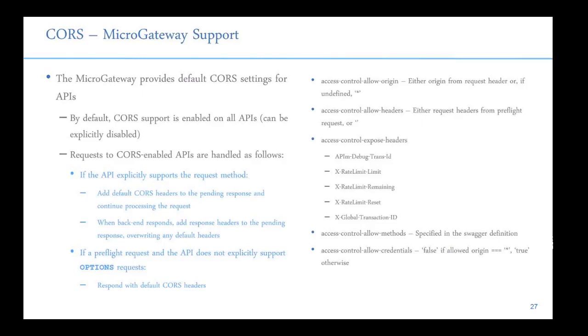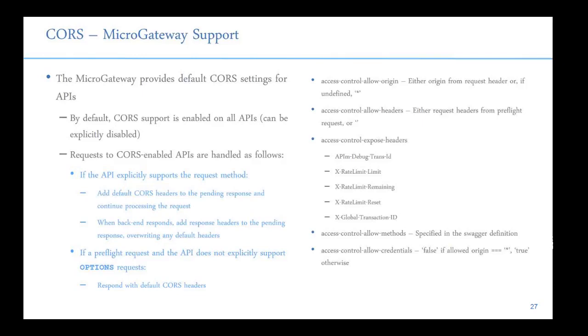If the API explicitly supports a request method, it could be get, post, or anything like that, basically not a pre-flight request, we'll go ahead and add default CORS headers to the pending response, and then continue processing that request. When the backend responds to the request that we've proxied, we'll add the response headers and overwrite any of the default headers that we've put. So that's just a clear baseline way of doing this.